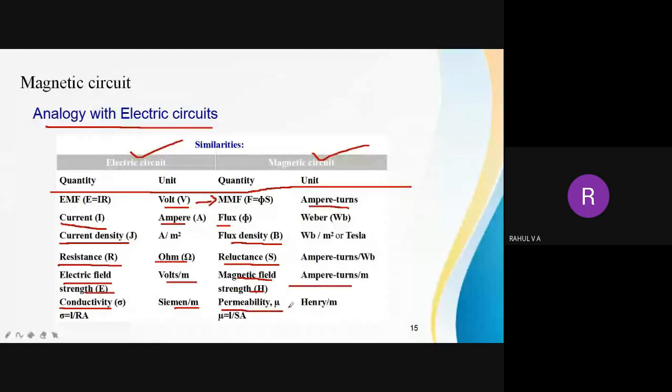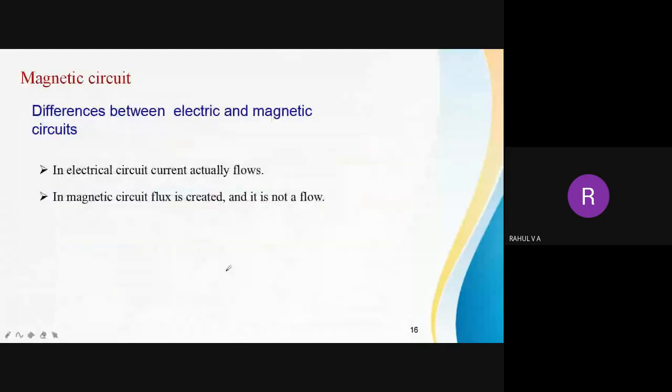Then we have current density, and in magnetic circuit it is flux density; resistance, reluctance; electric field strength, magnetic field strength; conductivity, permeability. Okay, so each term and this comparison is clear? Okay, now one more point.